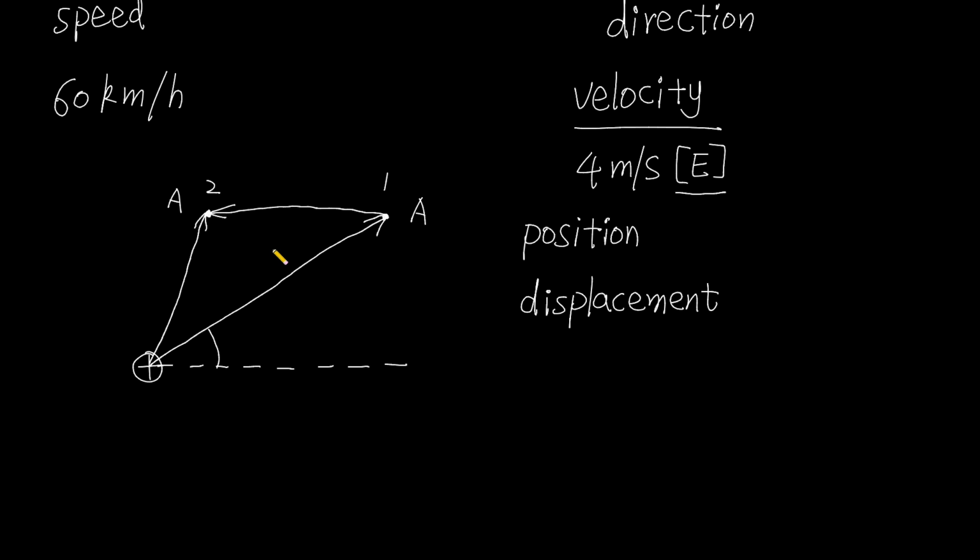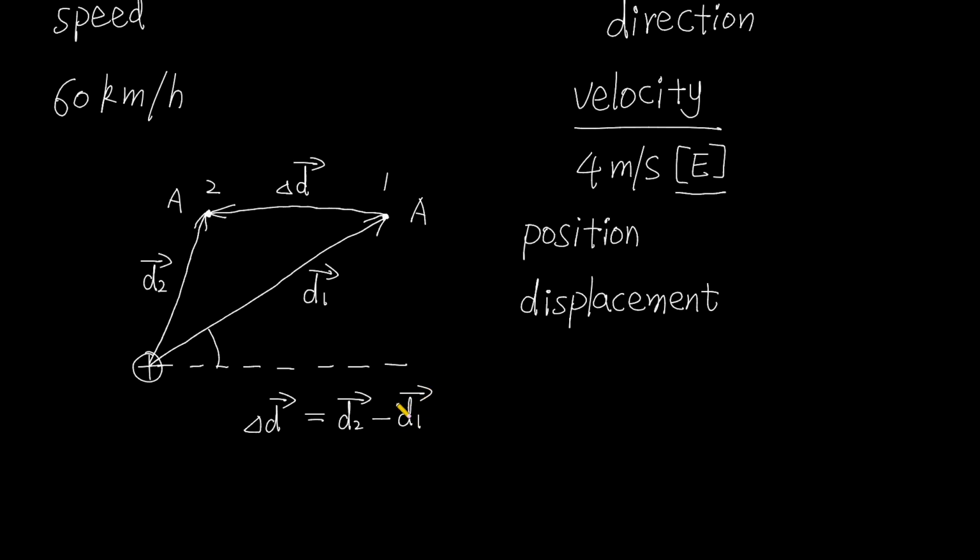We can use D1 to represent the original position of object A, D2 to represent the new position, and delta D to represent the displacement of object A. And recall the knowledge in math, we know that the displacement delta D equals the position D2 minus position D1.